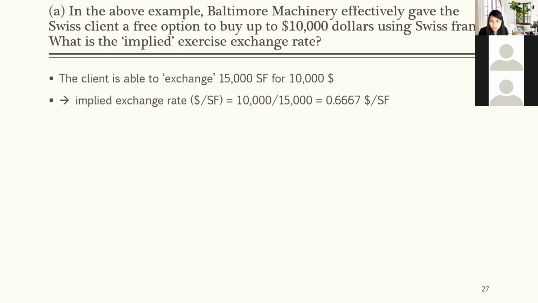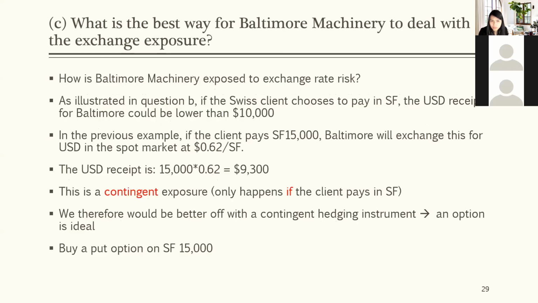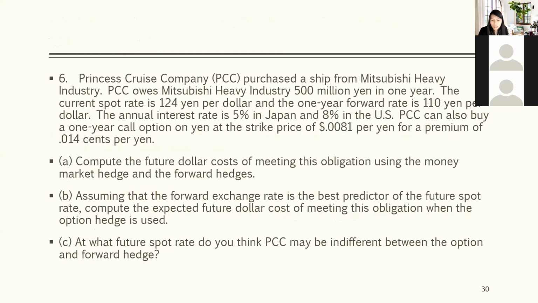I think that's the final questions, no? All right. Yeah, so one more question. This is not very hard, but this is a long question, okay? So in question 6, you're going to have to use all the 3 financial hedging instruments that we talked about before. Money market hedge, forward hedge, and also option hedge, okay?